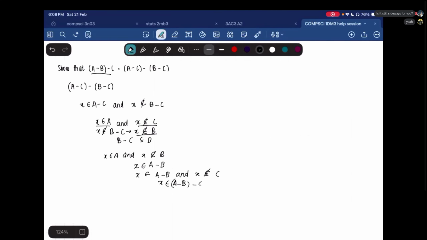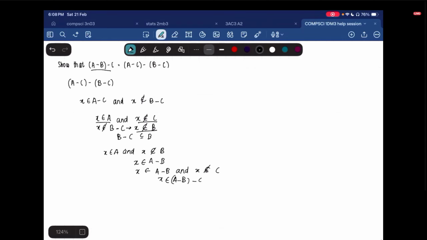So we proved that our right-hand side is equal to the left-hand side.